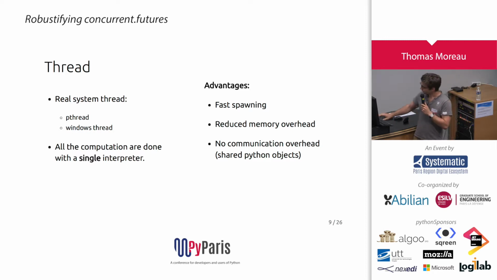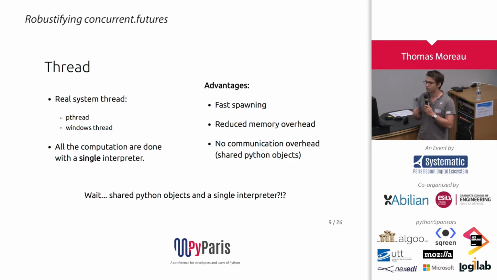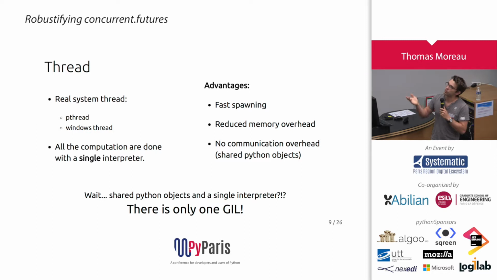But as there are shared Python objects and a single interpreter, there is only one GIL. And here lies all the problems that you heard about threads, because if there is only one GIL, it means that only one thread can access one Python object at a time. And that's actually what is happening when you're using multiple threads with Python code.